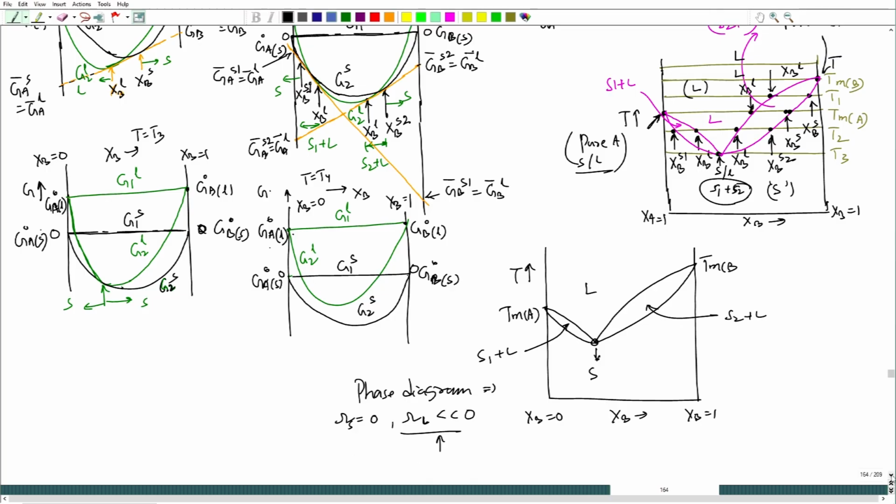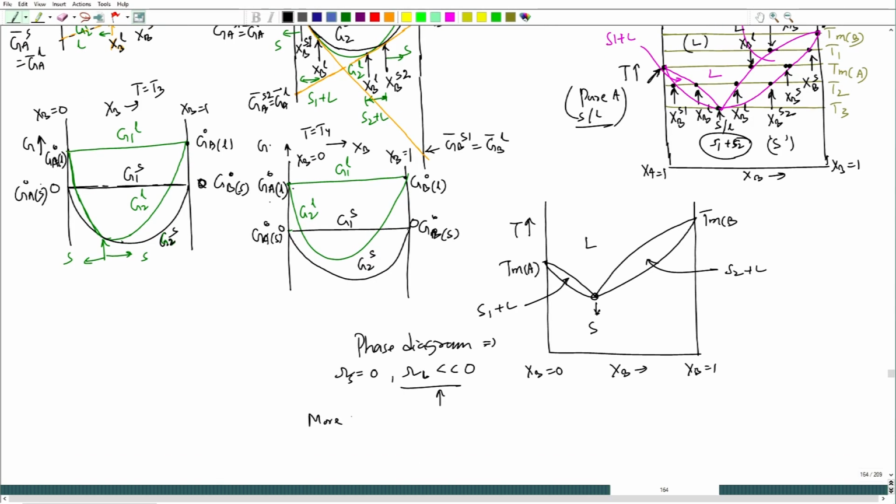So, the more negative the value of omega L, higher will be the stability of liquid solution. Okay. So, this particular information will be very tricky.